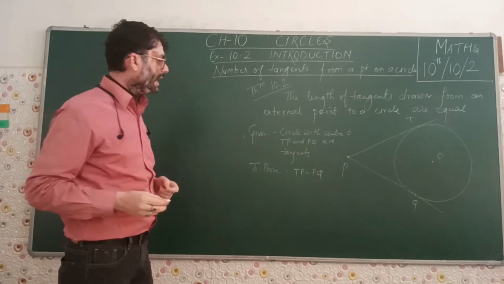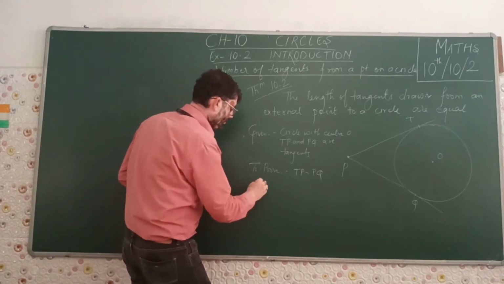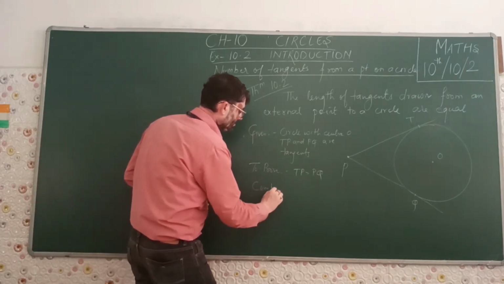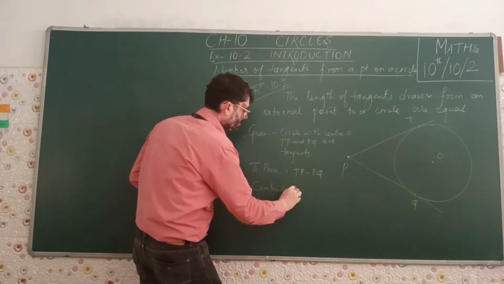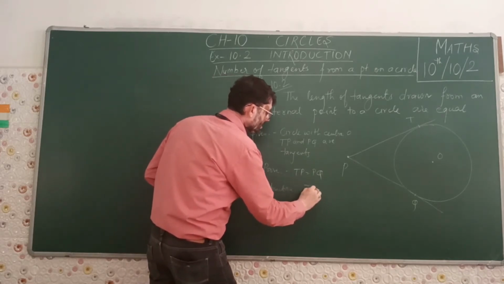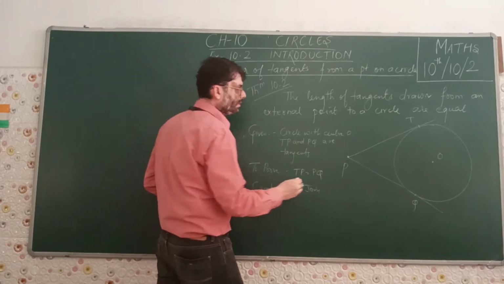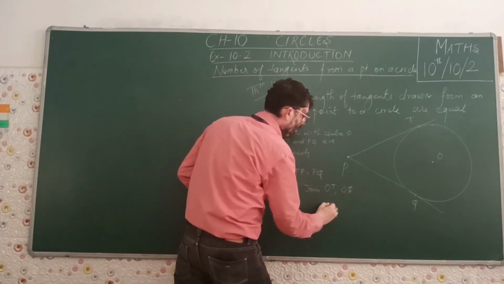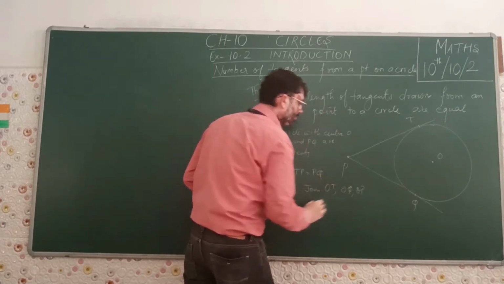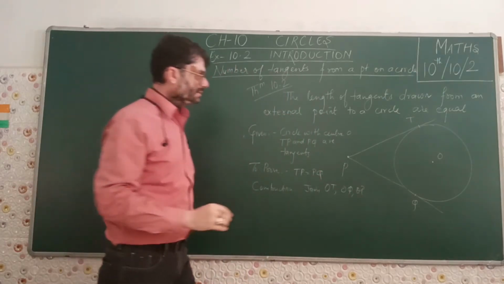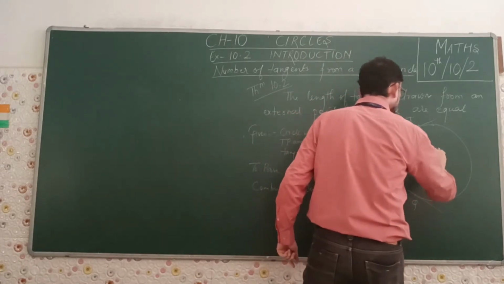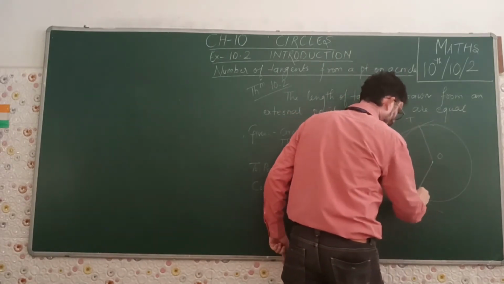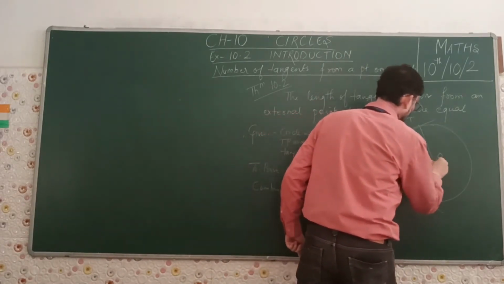We have to prove that. In order to prove, we need some construction, and the construction is join OP, OQ and OP. We have to join these things. So let us join OP, then OQ, and then OP.